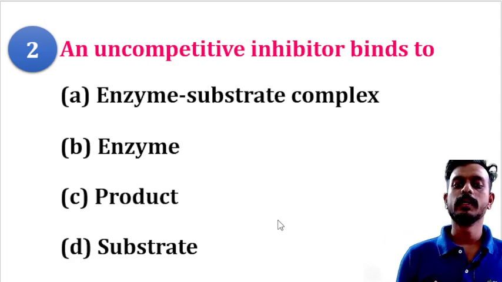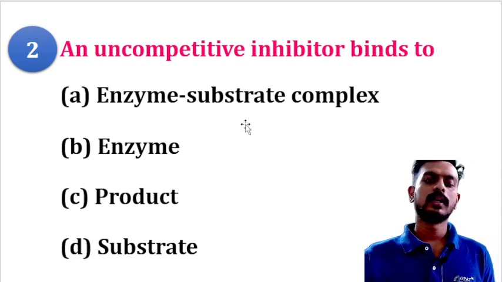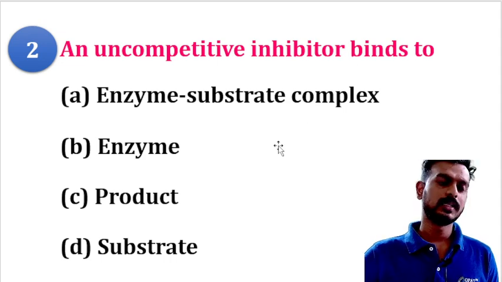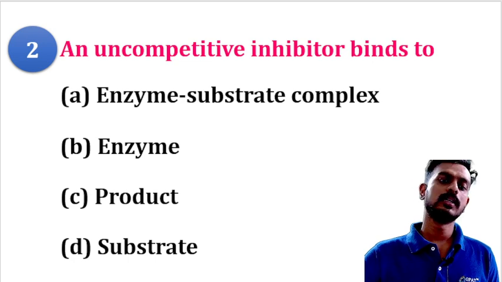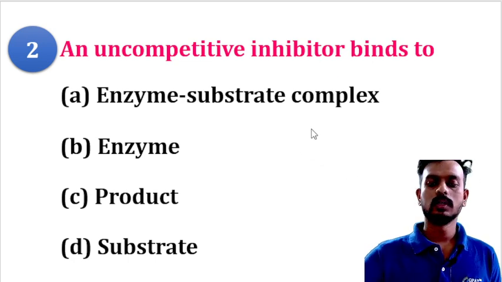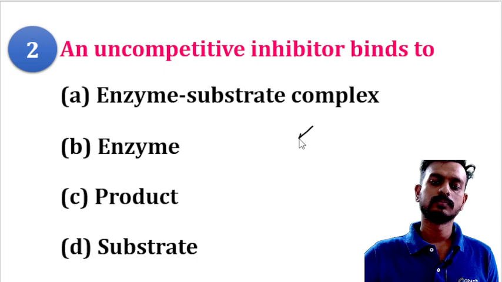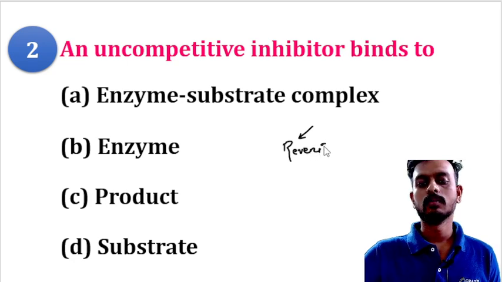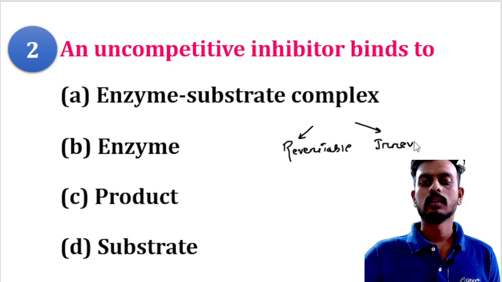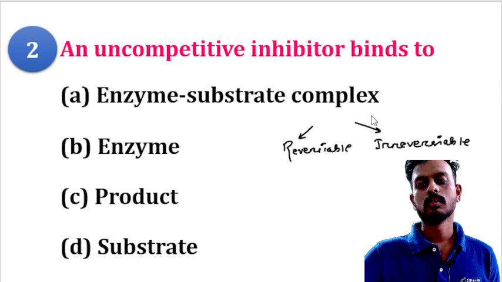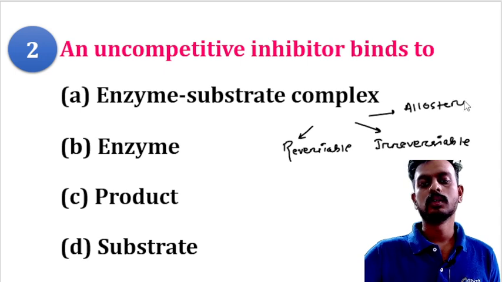An uncompetitive inhibitor binds to... there are basically three different types of inhibition. One is reversible inhibition, second one is irreversible inhibition, third one is allosteric inhibition.